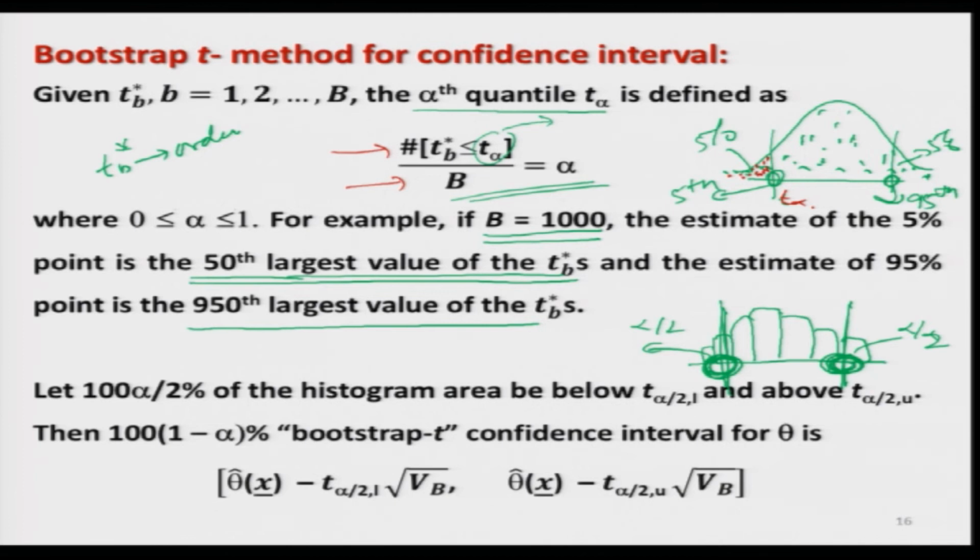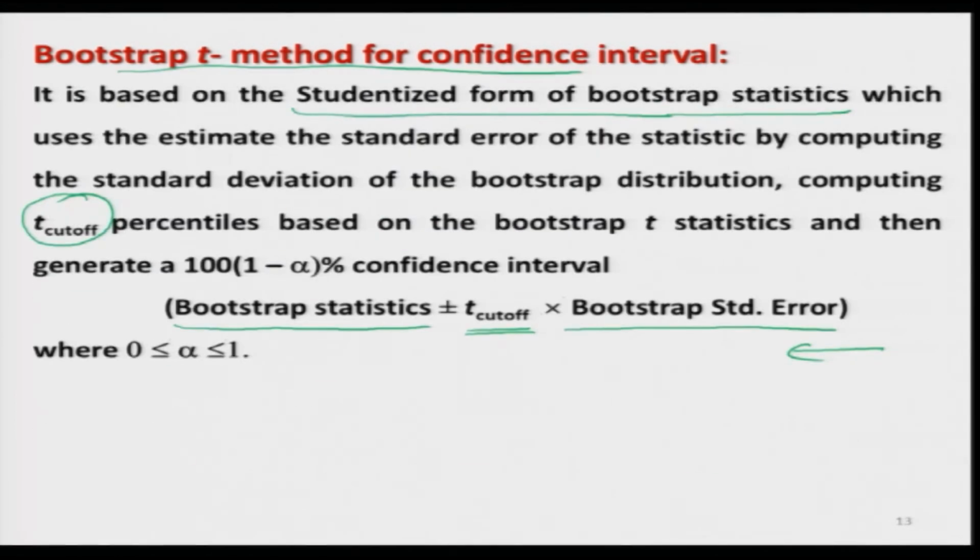Then I can use the classical approach of confidence interval estimation, something like theta hat plus minus the standard error of theta hat times the critical value, which I have explained here. You can see this approach.